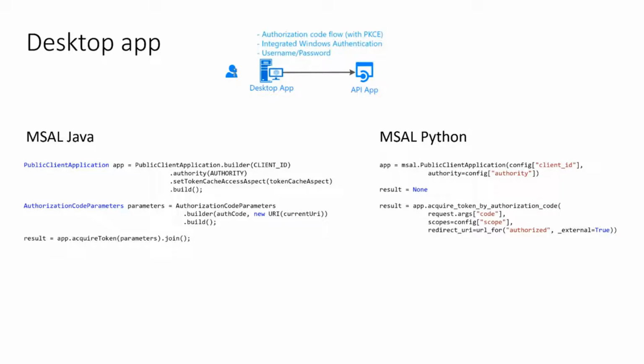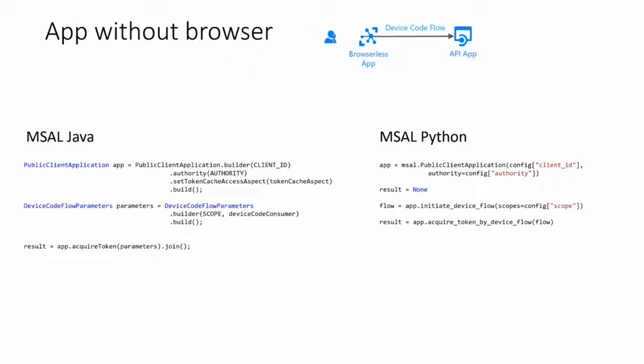One key difference between this and the confidential client flow is that there are some added security mechanisms for the public client flow where we use a proof key for code exchange, which is basically like a code verifier. But these are more covered in the implementation of MSAL, and you don't have to worry about it as a developer using the API. You just need to set up a public client application instance and invoke the authorization code flow.